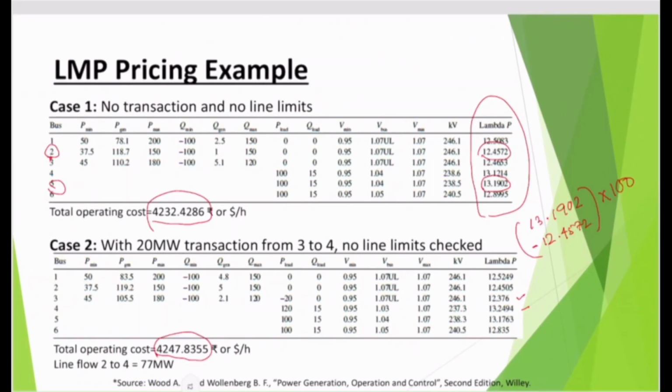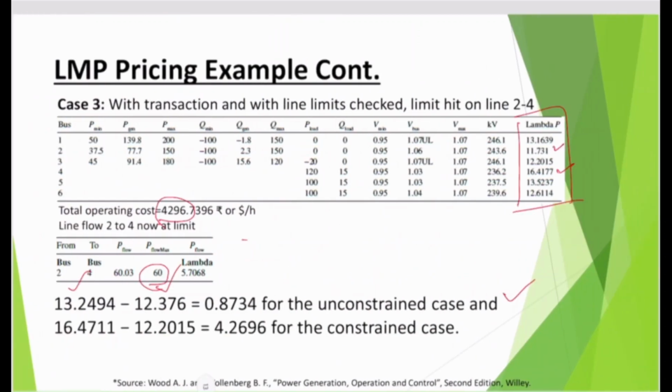If there is no constraint on the line flow, then bus number 4 is experiencing 13.2494, okay, and bus number 3 is experiencing an LMP of 12.376, and hence 13.2494 minus 12.376, which is 0.8734, is my unconstrained LMP difference. And if you carry out X megawatt of power, then this value needs to be multiplied by X megawatt.